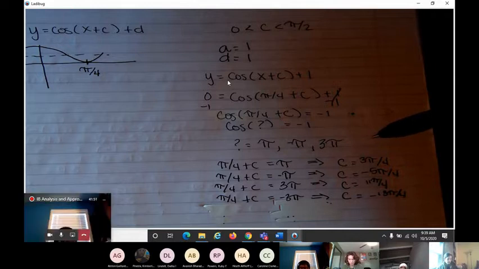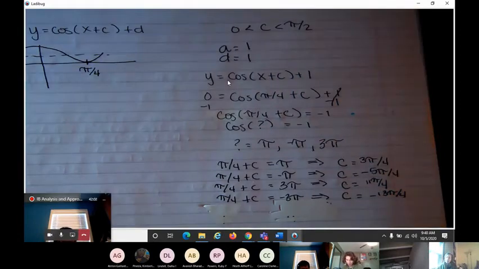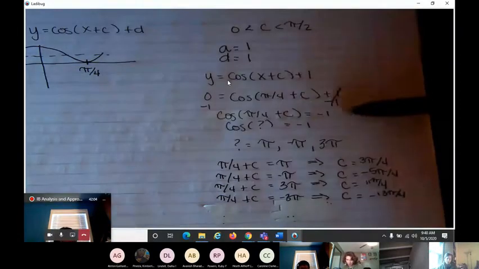So the solution I have from the teacher that taught this previously is 45 degrees, so pi over 4. But that doesn't fit within this equation.